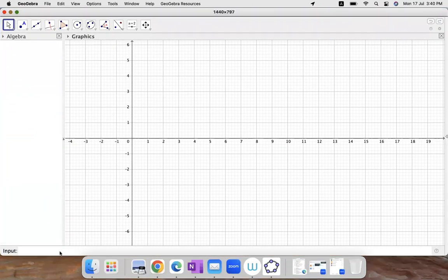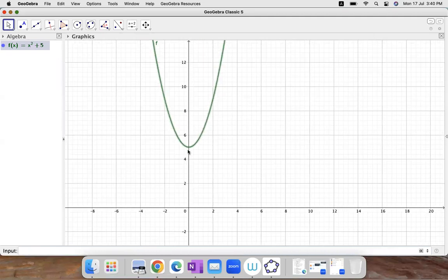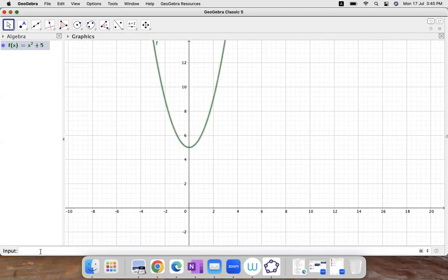Suppose we have one equation, y equals x square plus 5. Can you see this? Yes. And we have a line. In this case, this is software, so I would have to give it a value.